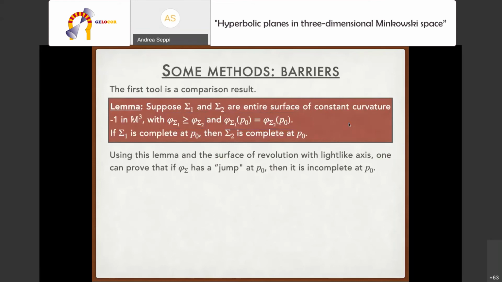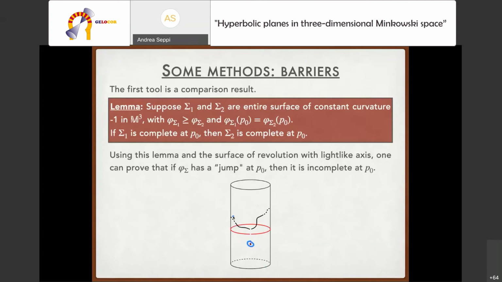So for instance, using this comparison, one can prove that if there is a jump at one point, then the corresponding surface is incomplete. Let me give you a picture. Here, the red curve, we focus on this point here.